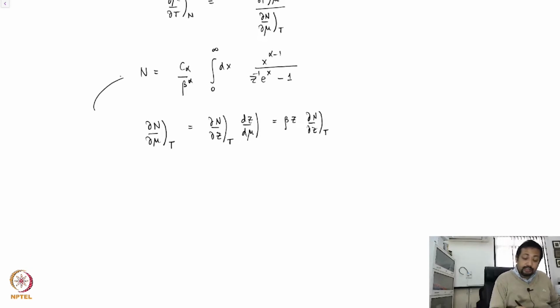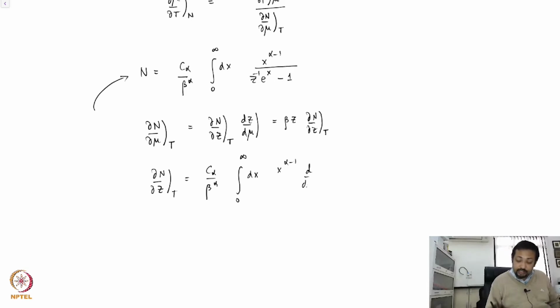So let's take this expression for n and figure out the derivative ∂n/∂z at T held constant. This is going to be C_α β^α ∫ from 0 to infinity dx x^(α-1) d/dz of 1 over (z⁻¹ e^x - 1).